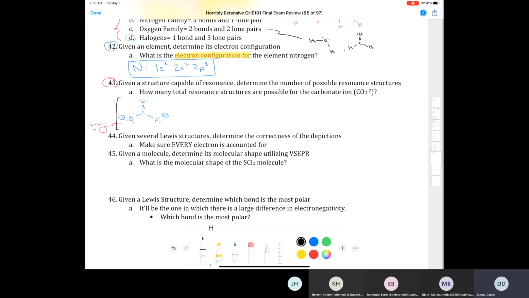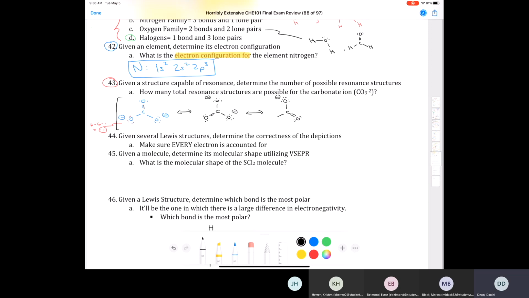In fact, some of the time, it's going to be between another carbon and oxygen. So some of the time it might be down here, and then some of the time it might be down here. Okay, there we go. So what does that mean?